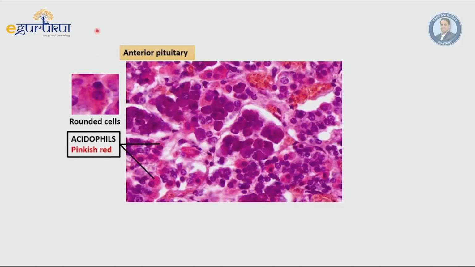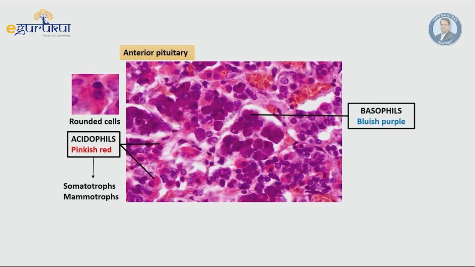These acidophil cells, as we know, secrete the somatotroph and the mammotroph. The other type of cell that we'll see here in the anterior pituitary are the purplish, or you can say bluish purple, cells, and these are the basophil cells. Basophil cells are not rounded like the acidophils.